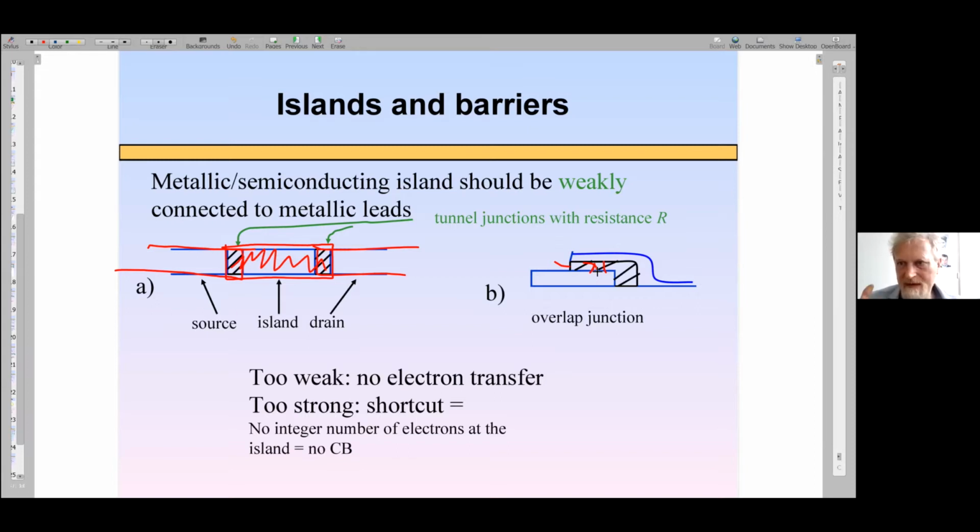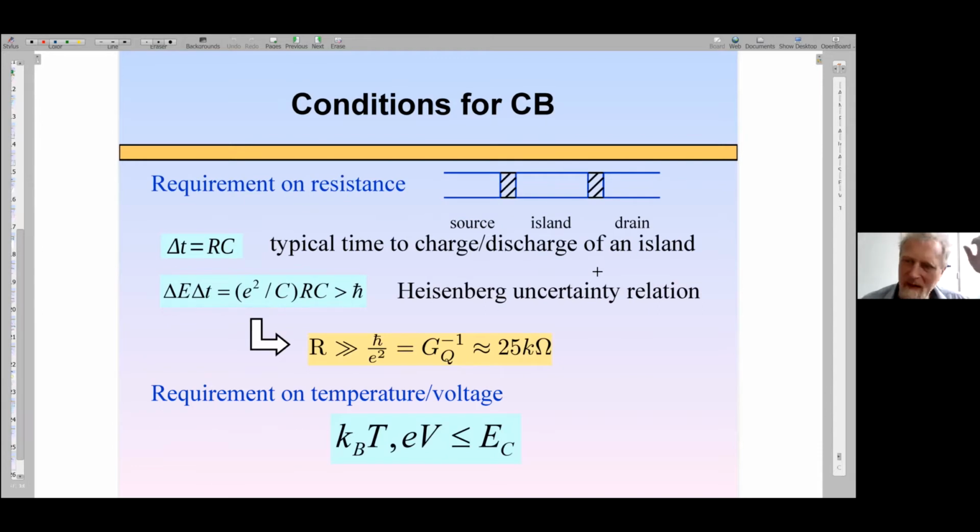Good. One needs a more reasonable criterion. And this criterion is derived in a very funny way. I want to mention it: from a combination of a quantum argument and a very classical argument related to RC properties of the circuit.